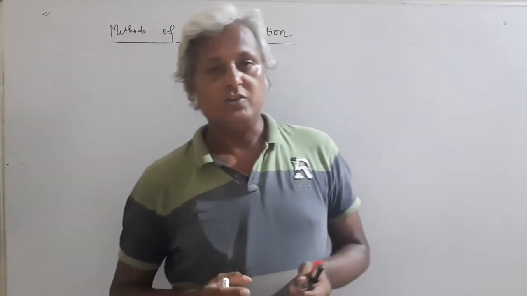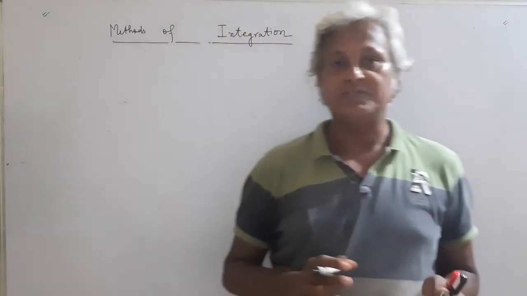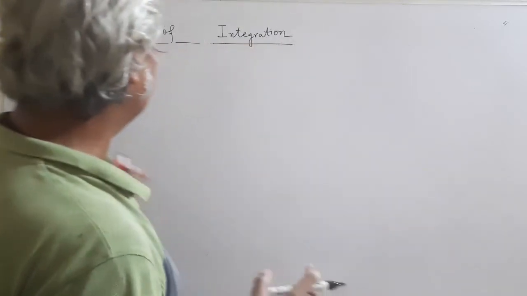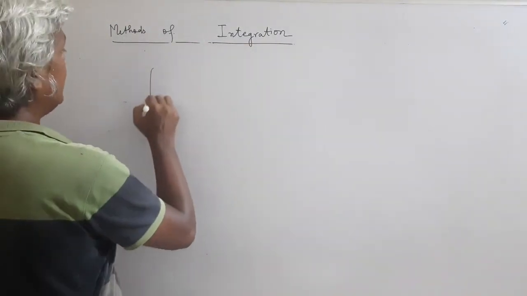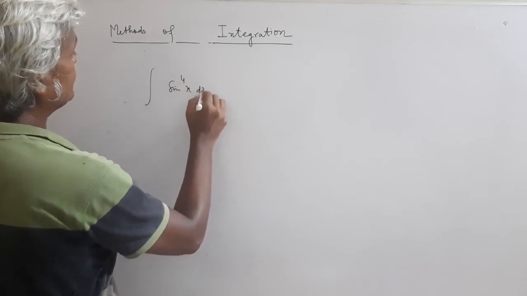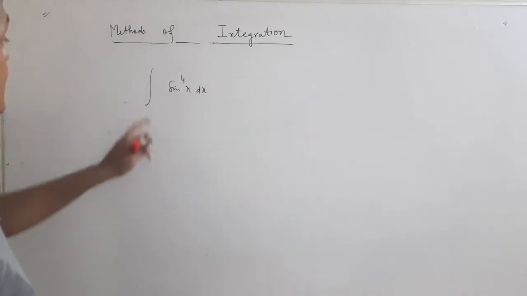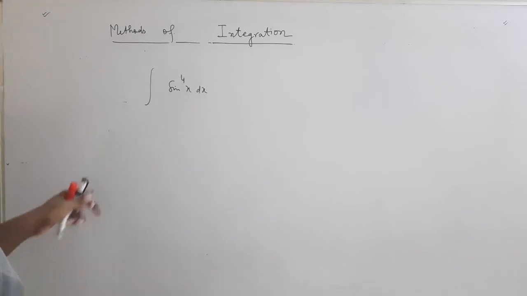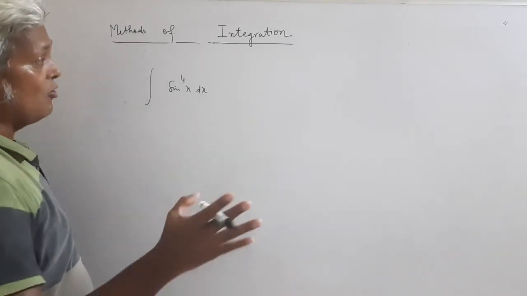In the previous video you learned how to find the integration of sine square x and cos square x. Now this time we'll try to understand how to find the integration of sine to the power 4 x dx without using the idea of mathematical induction. We just go directly and use plain trigonometrical identities to find the integration of this term. How?